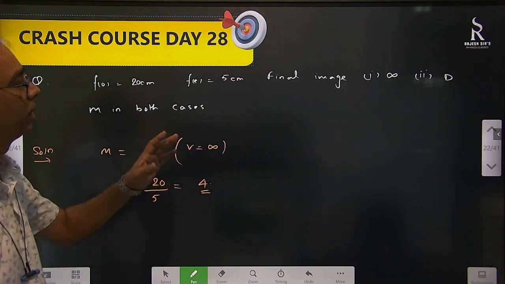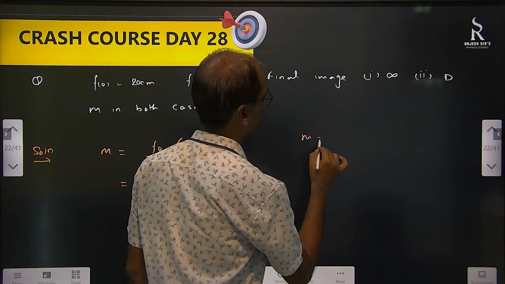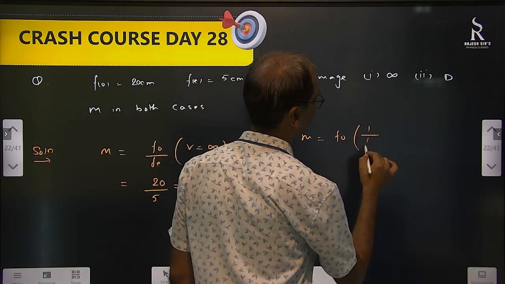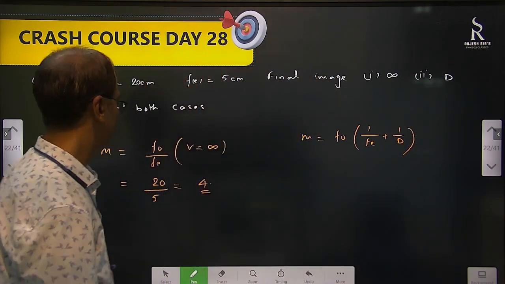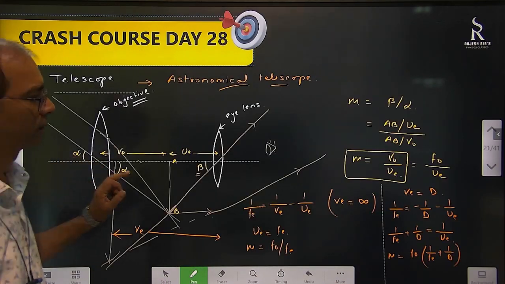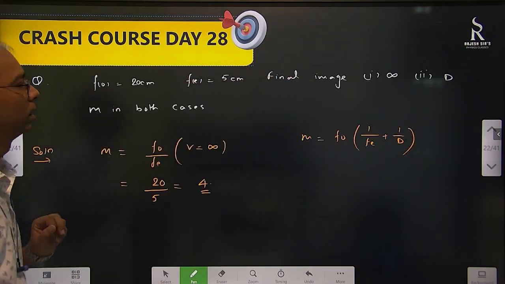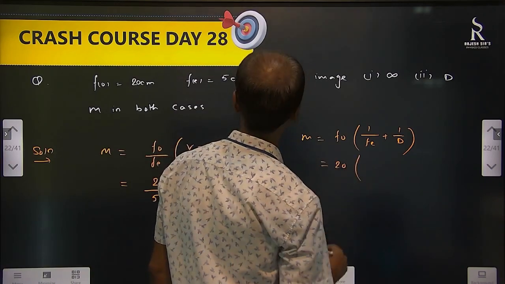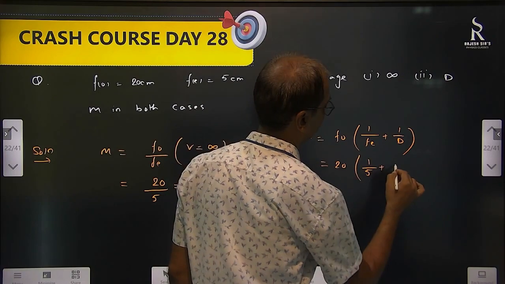When the image is formed at D, then what is the magnification formula? Say FO, then 1 by FE plus 1 by D. Am I correct? Let's check. Yes. Then FO value is 20, FE value is 5, and D is 25.